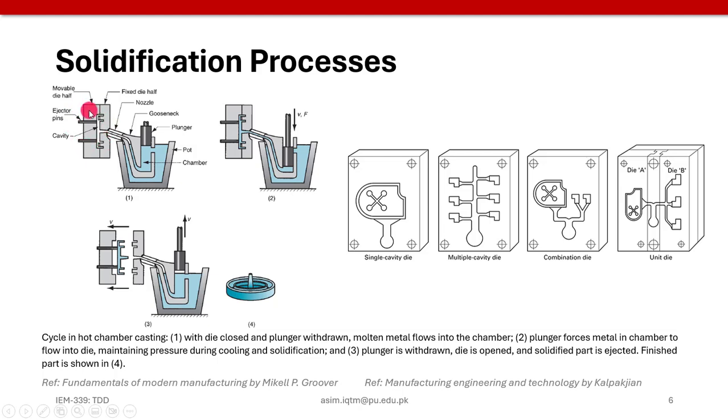So this course is primarily focused on production tooling, which helps to impart the final or near net shape. These illustrations 1, 2, 3 represent the manufacturing process steps: this one is the initial step, this one is the second step in which the plunger applies force in the downward direction, and in this third step the plunger force is removed and the final or near net shape product is drawn outside.